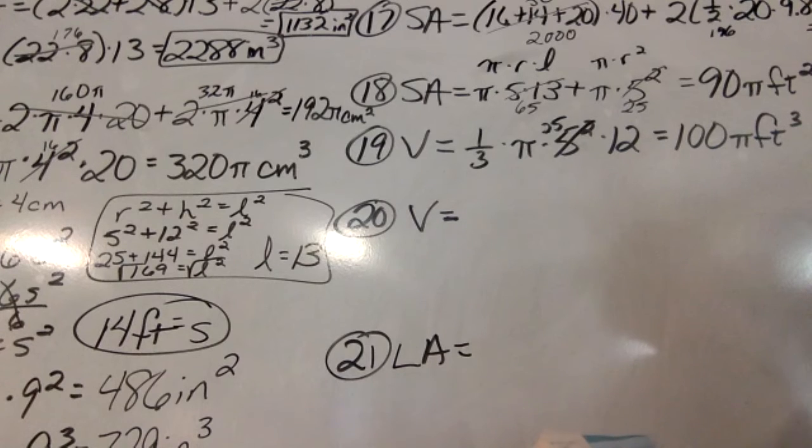This is called a regular octahedron. The prefix oct, OCT, is how many? 8. No, hex is 6. Oct is 8. An octagon has 8 sides. So it's an octahedron, so it's 8 sides.